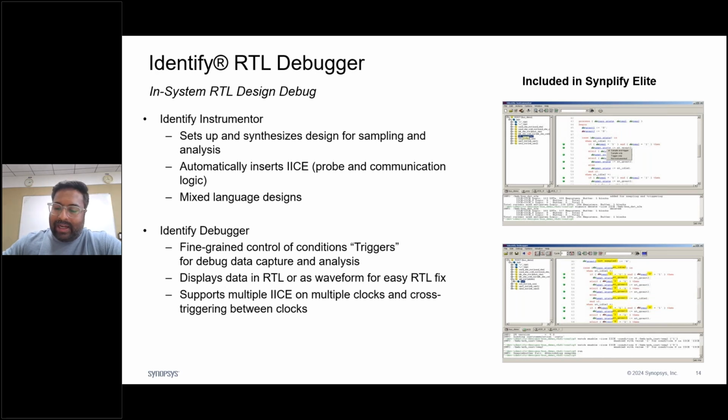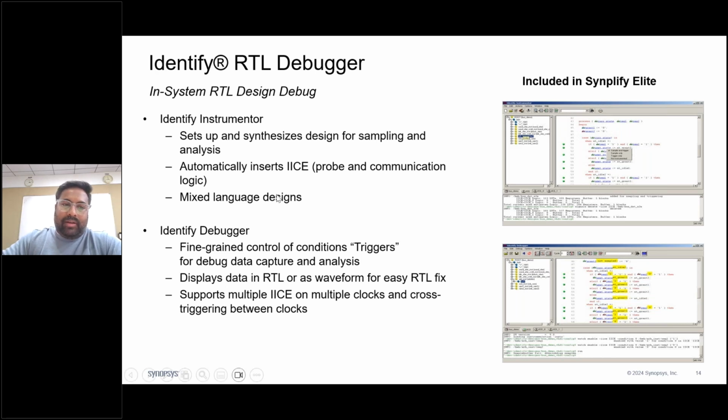In Identify Instrumentor, we mark up all the signals of interest that we want to debug, or whose values we want to check. During compilation, we set up this instrumentation. There are different modes supported, and at the same time we can also set up the sampling clock, or the signals that I want to generate the trigger.